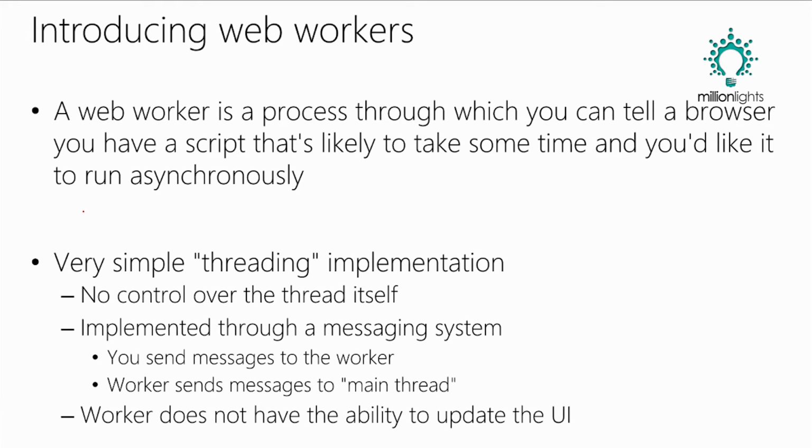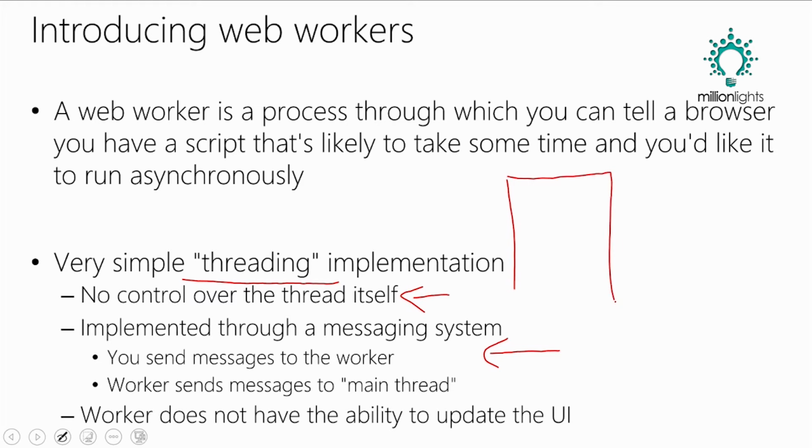That's fine. So it's a very simple threading implementation. But like I mentioned before, you're not going to have control over the thread itself. And on top of that, it's also going to be implemented through a very basic messaging system. So what I'm going to have is my little web page here. So here's my little browser, as it were, my terrible little drawing.